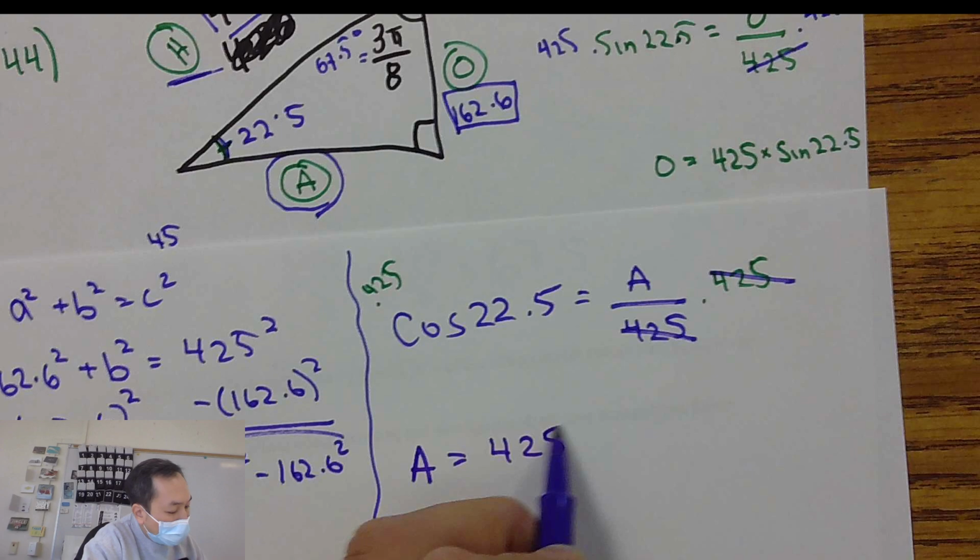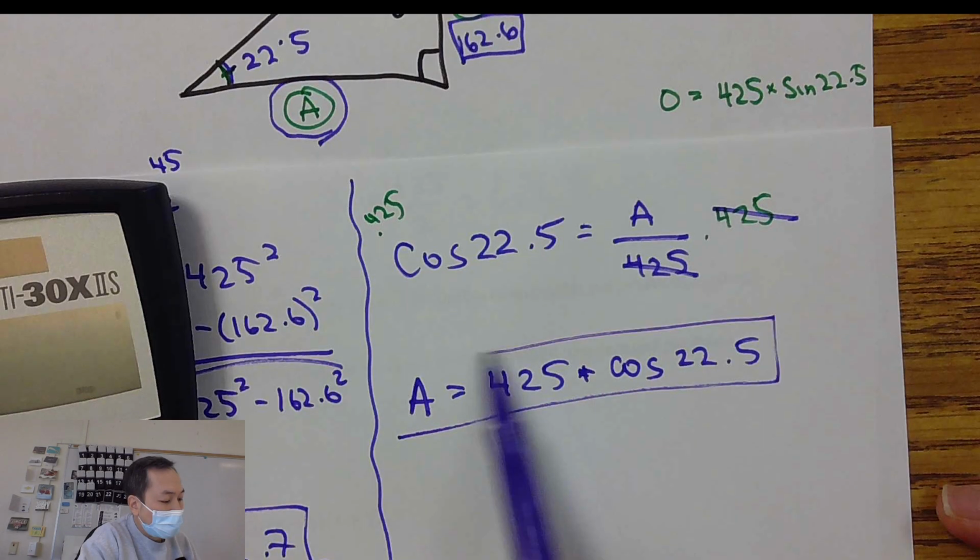Honestly, class, if you cannot use your calculator on an assessment or a quiz, I would not require you to do anything else besides this. This would be your answer.